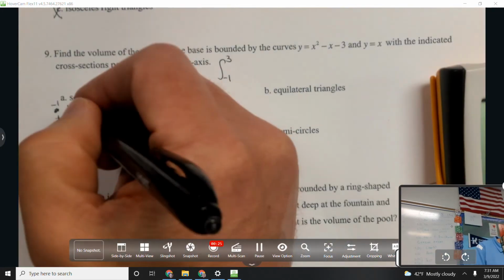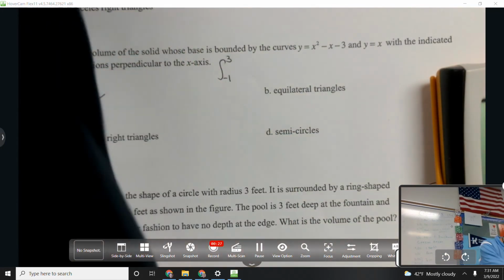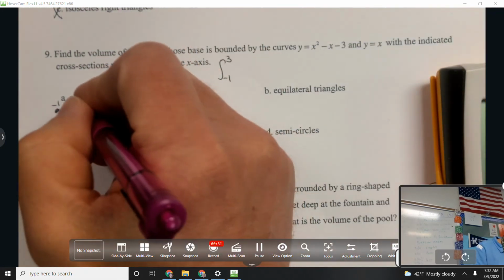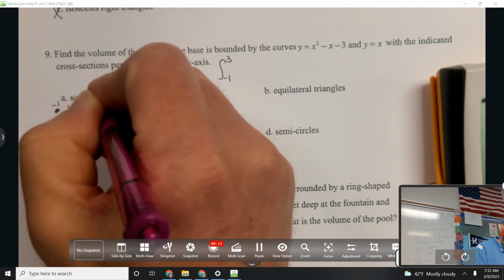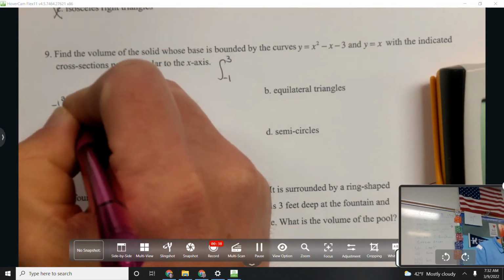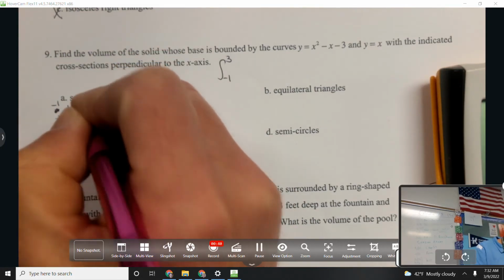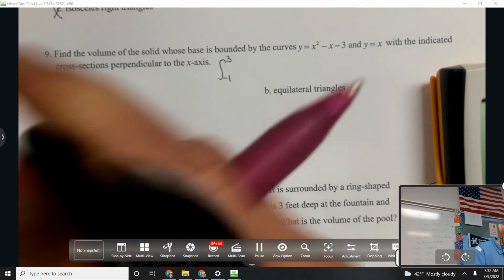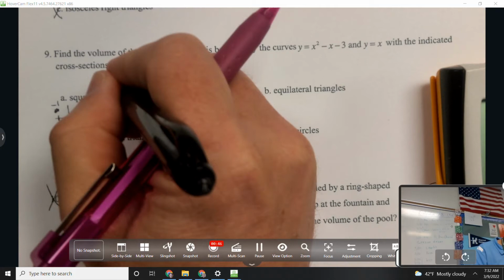So the first one is a square. Again, tricky to draw. So a square coming up out of the page. Let's see, the area of a square is s squared.